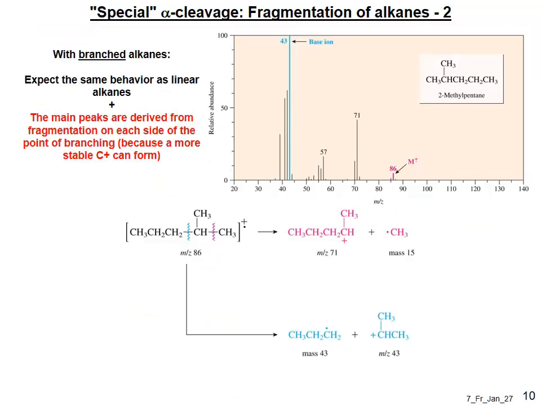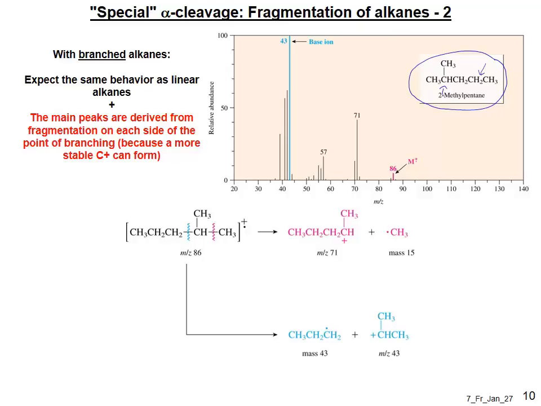When we deal with branched alkanes on the next slide, we can expect a slightly different behavior, and it's because with branched alkanes we can form carbocations of different stabilities. So if you just look at the example on this slide, look at this molecule here of 2-methylpentane. Because there's some branching at this position here, we can expect that we can form different carbocations. Just think about breaking the first carbon-carbon bond right here.